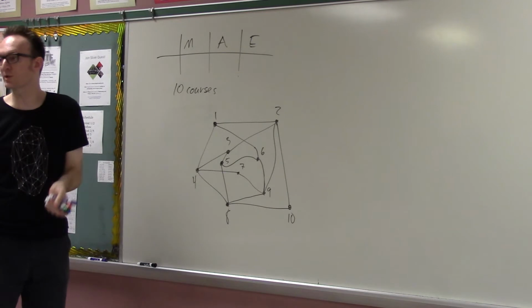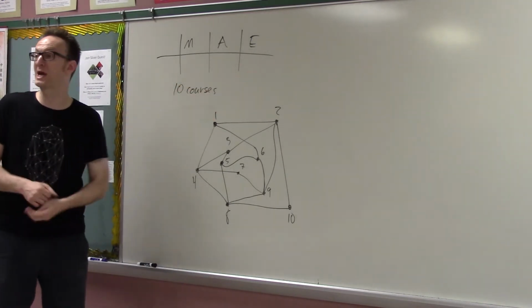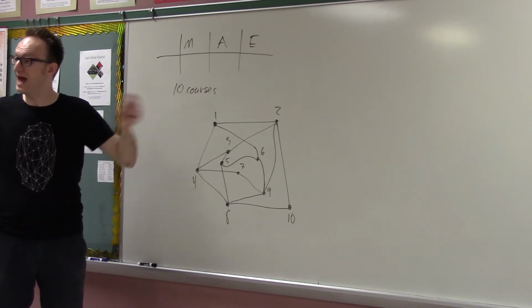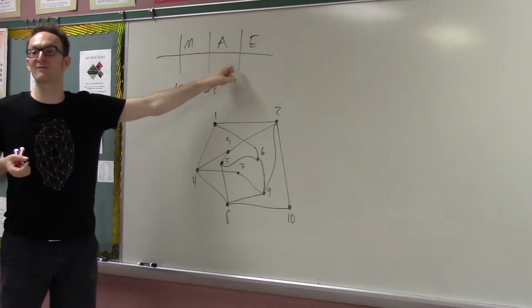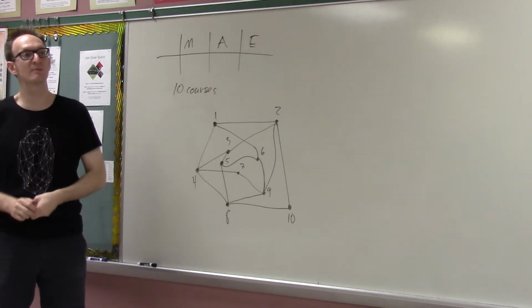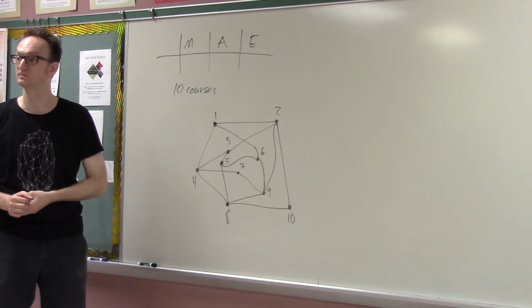If I can color this graph so that no 2 vertices have the same color, and I can do it with just 3 colors, then I simply assign 1 color to the morning, 1 to the afternoon, 1 to the evening. So the question becomes, what is chi for this graph? Is it 3? It better be.